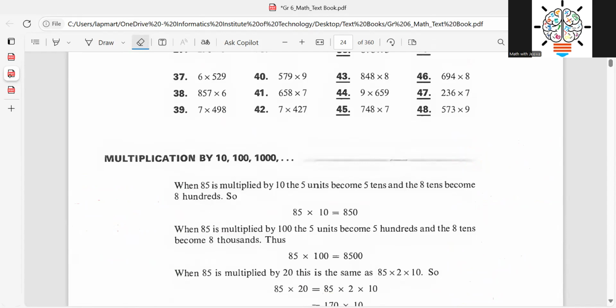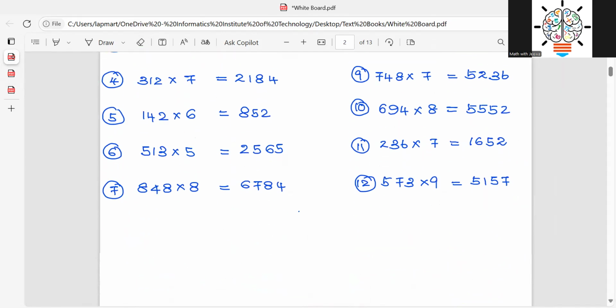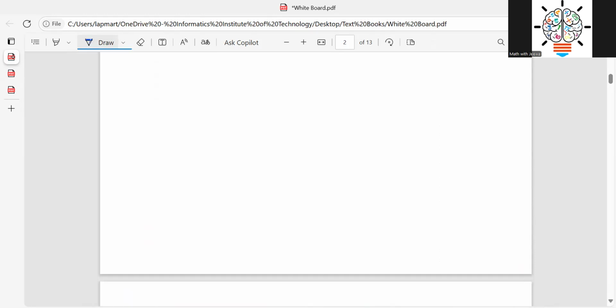Now I will tell you that this is an easy way. It's like this, children. Let's say you have 23 and you multiply this by 10, then easily you can write the answer 230. Now you just see the pattern. The same 23, if I multiply by 100, what will happen?